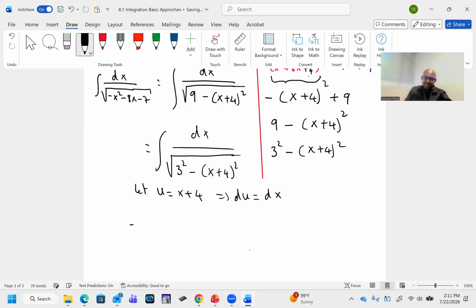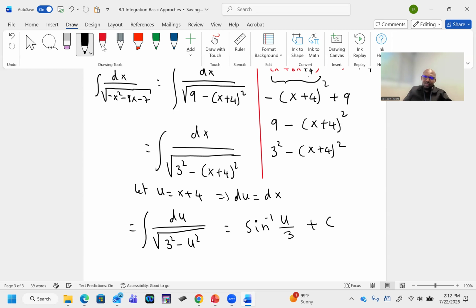So doing my substitution now, I will have du divided by square root of 9 or 3 squared, because I want you to see your a, 3 squared minus u squared. So which will give me sine inverse of u divided by 3 plus c.